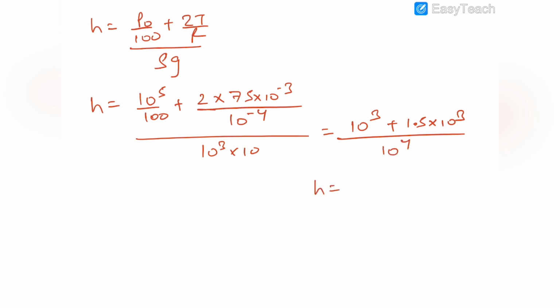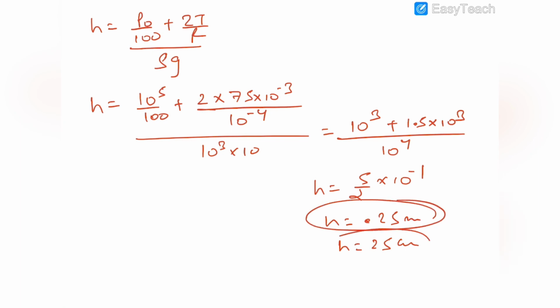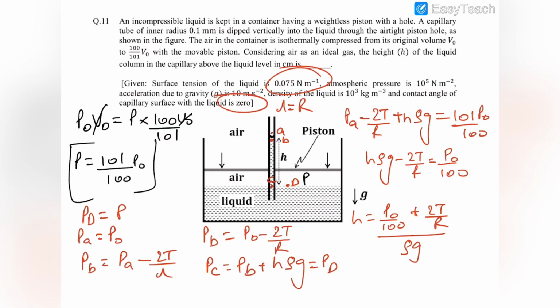So h is equal to 5 by 2 into 10 raised to power minus 1. So h will be equal to 0.25. So h is 25 centimeters. This is in meters. So the correct answer is 25. Now we move on to the next question.